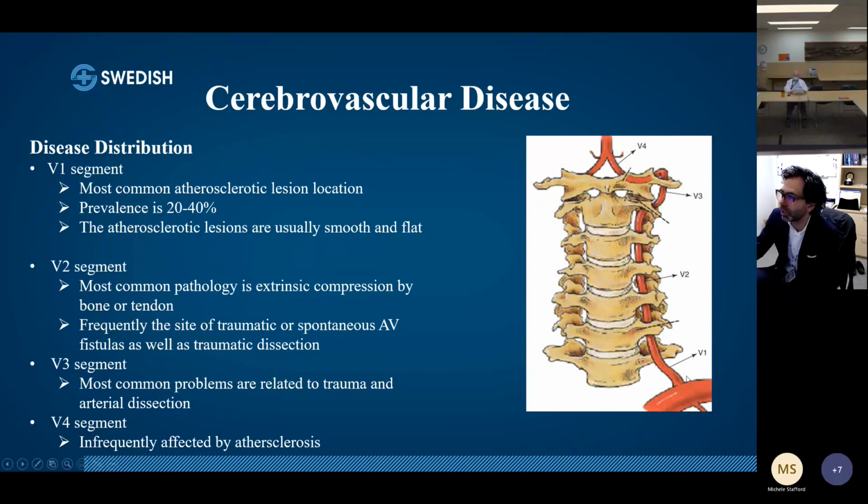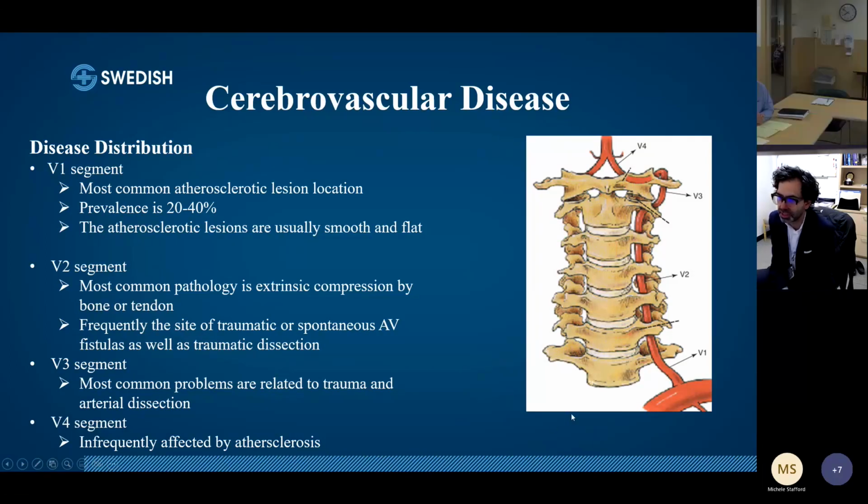The other thing I'll say about V1 and ultrasound is there are going to be some turns and tortuosity there, and tortuosity tends to falsely increase velocities. And there are actually no ultrasound criteria that determine a hemodynamic stenosis with regard to vertebrals, as opposed to the carotid.